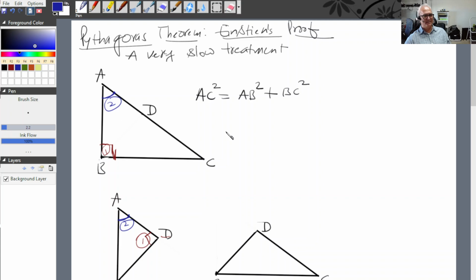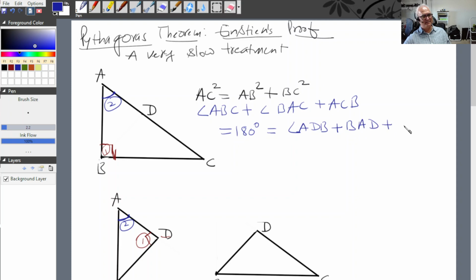So because these three, angle ABC plus angle BAC plus angle ACB is 180 degrees, and angle ADB plus angle BAD plus angle ABD.